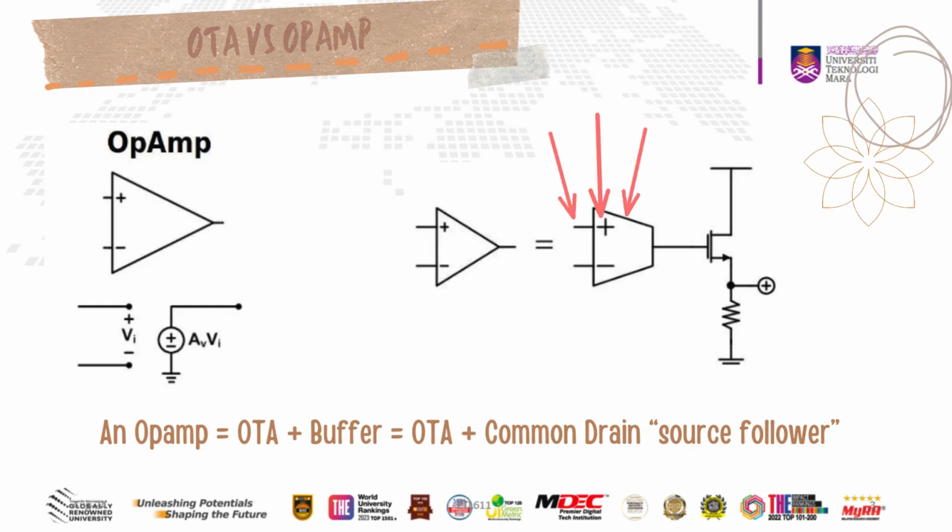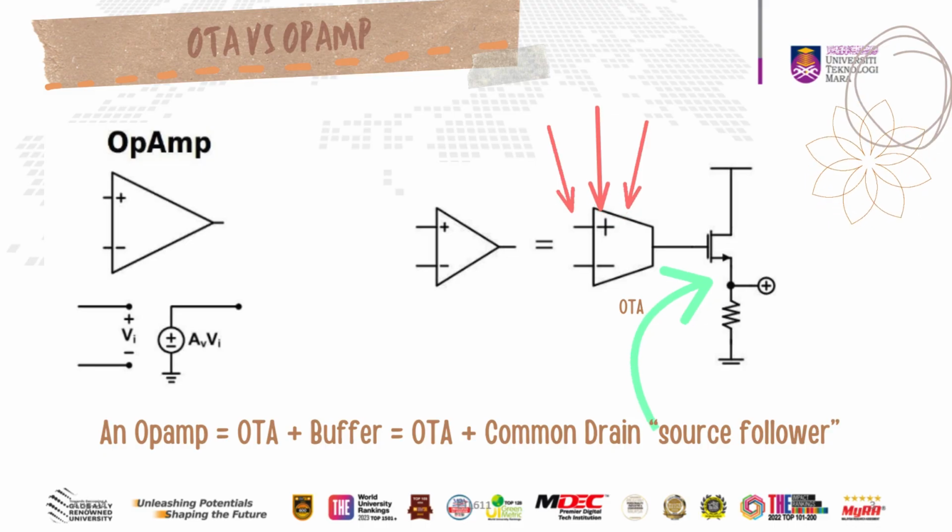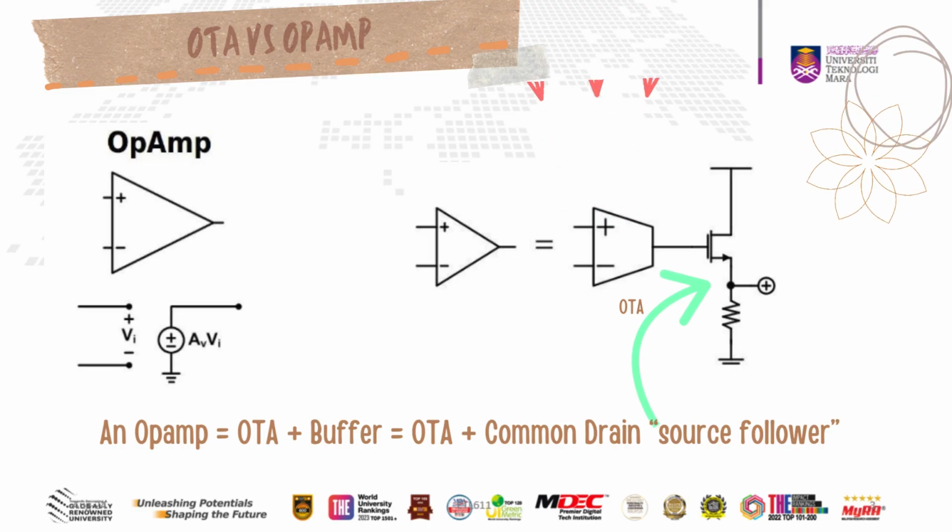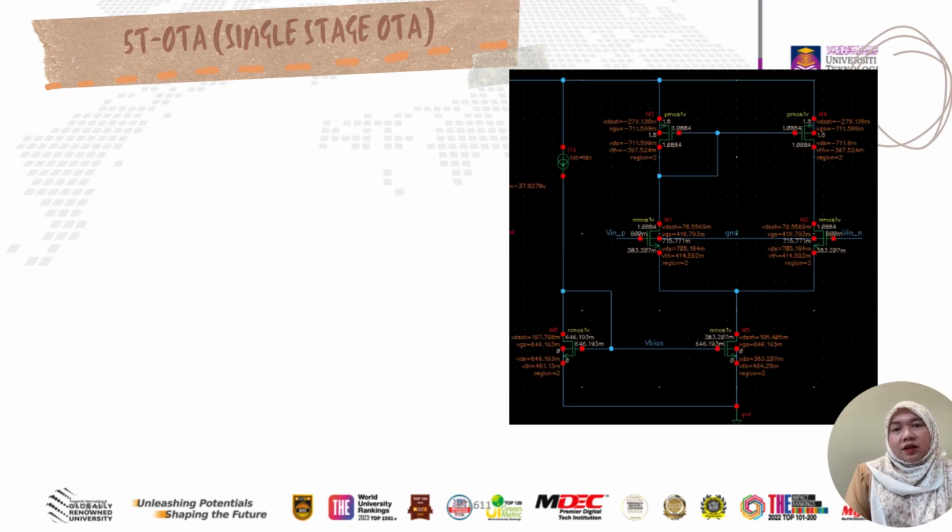The circuit diagram on the right illustrates the internal structure of an op-amp, which includes an operational transconductance amplifier (OTA) and a buffer stage with a common drain source follower configuration. This configuration allows the op-amp to have a high input impedance and a low output impedance, making it suitable for a variety of applications.